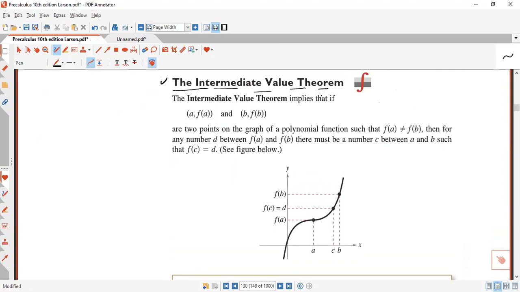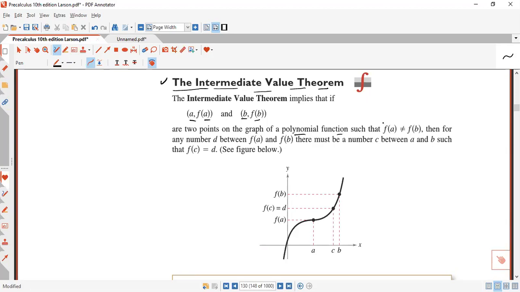For the intermediate value theorem, suppose we have two points, A, f of A and B, f of B, on a polynomial function.